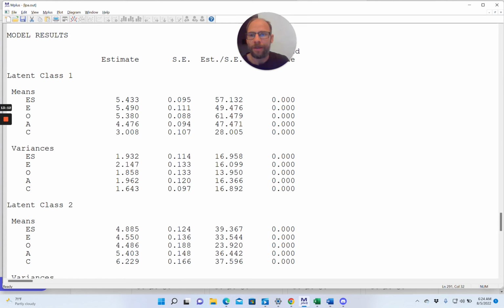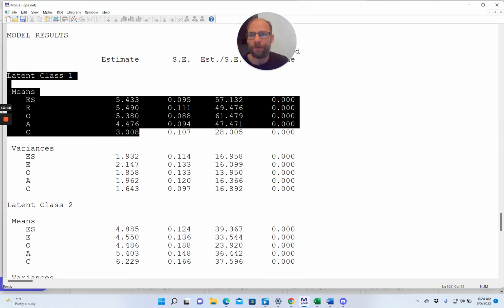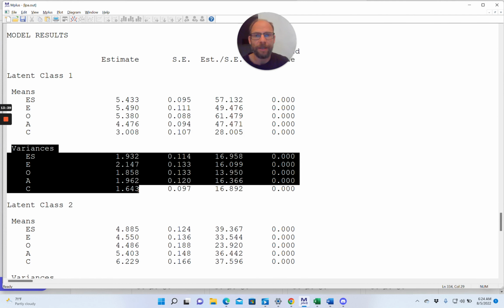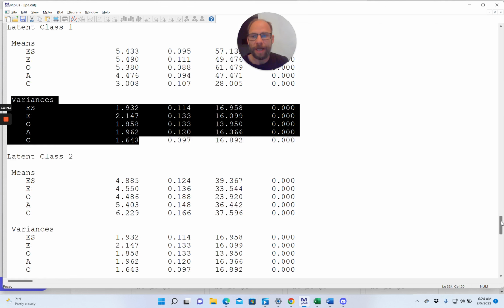And so you get latent class 1 here first, and you can see the means are first for our 5 variables, for our 5 latent class indicators. Again, those are personality scale scores. ES is emotional stability, E is extraversion, O is openness, A is agreeableness, and C is conscientiousness. And so you can see what the means were in class 1. And then also you get variance estimates for these indicators. And that's it, so to say, for each class.